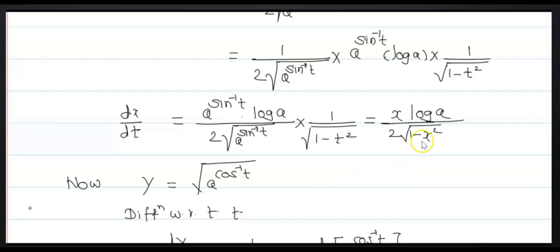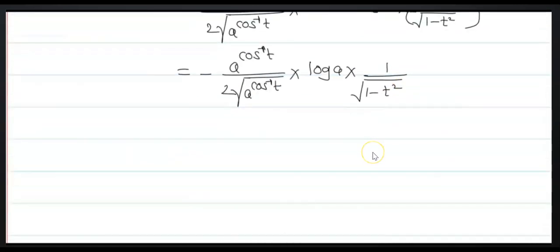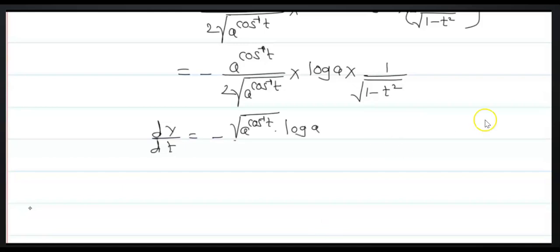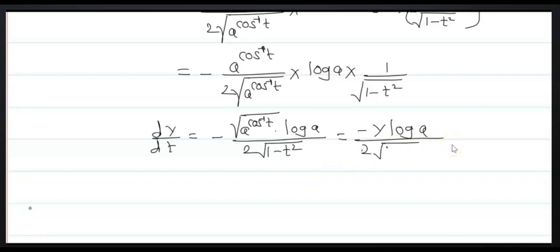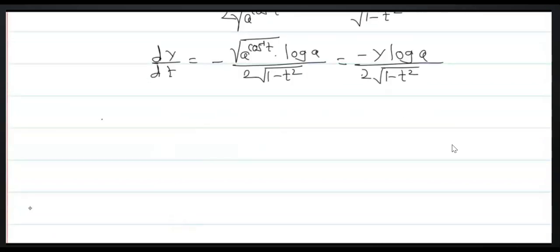This is nothing but the y. Next, dy by dt is equals to minus root of a raised to cos inverse of t into log of a upon 2 root of 1 minus t square. That is minus y log of a upon 2 root of 1 minus t square.